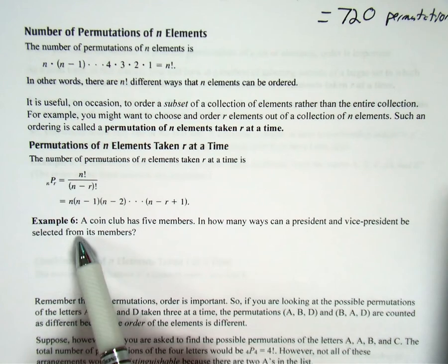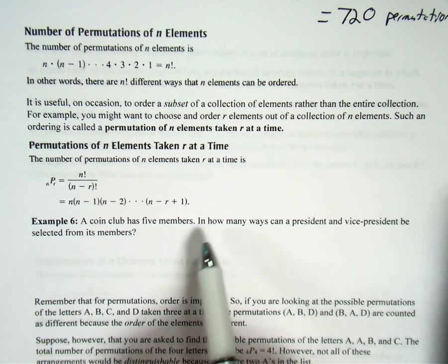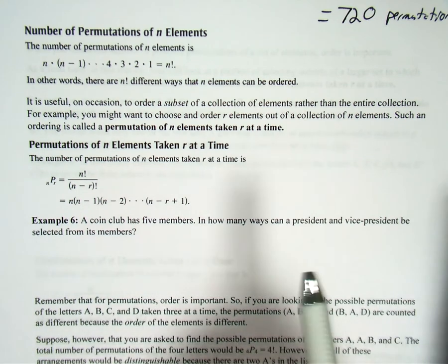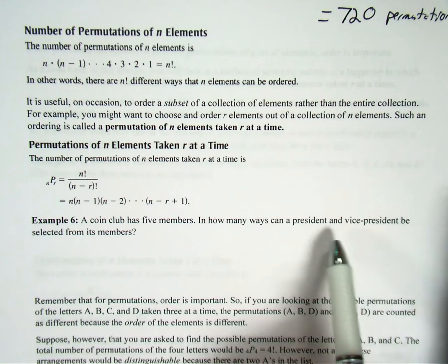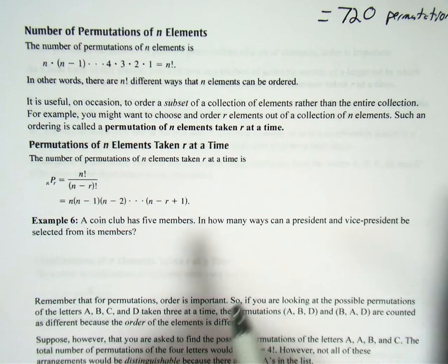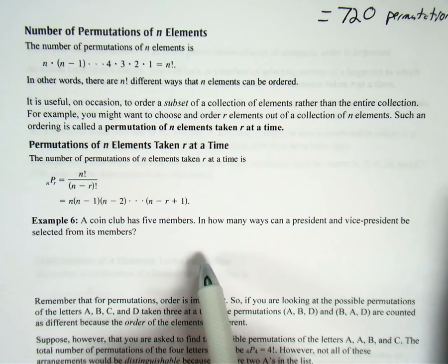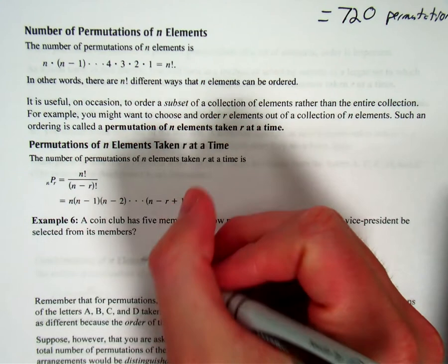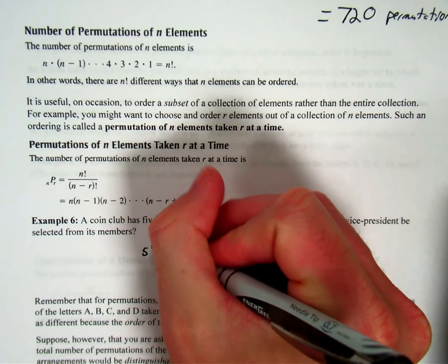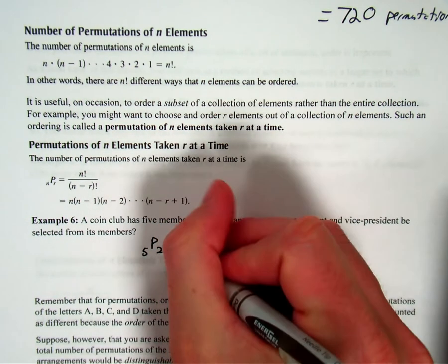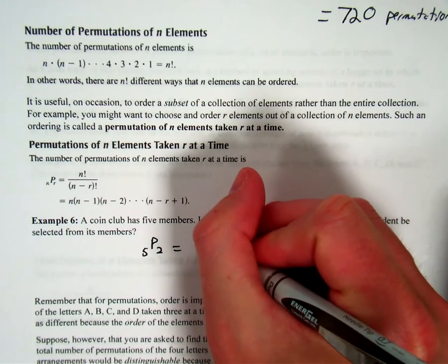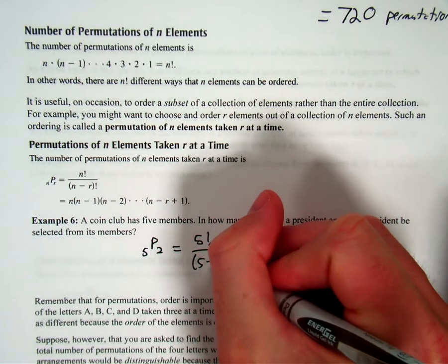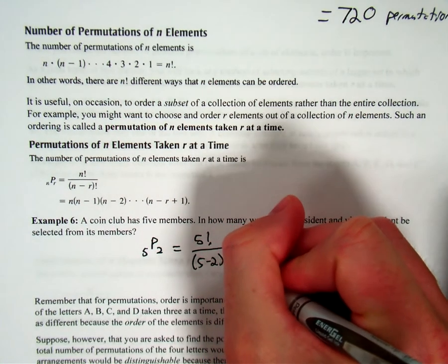A coin club has 5 members. In how many different ways can a president and vice president be selected from its members? Okay, so order matters: president, vice president. We have 5 members, and we're taking 2 out of those 5. So we have 5 factorial on the top over 5 minus 2 factorial.